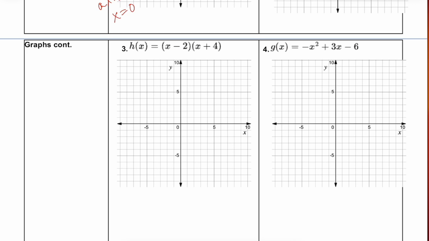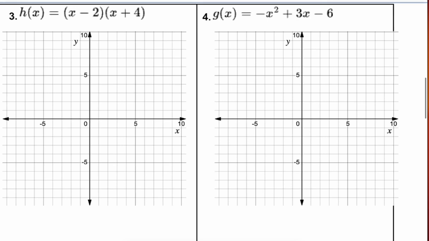Let's start with 4. The first thing we need to do is find the vertex. Remember that x value, that h value, is always negative b over 2a. So we need that number. So our a value is -1. Our b value is +3. Let's plug that in.